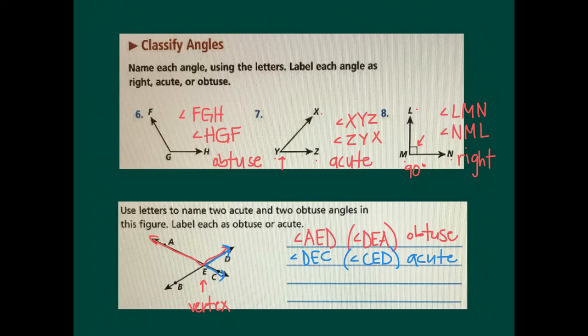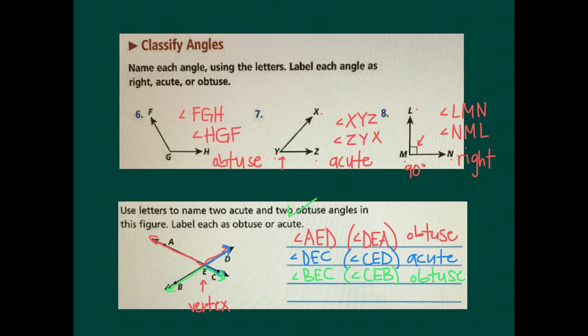Now in green, I see an angle here, BEC, so I'll label that one first, and then in parentheses, name it. It could have been named angle CEB, going the other way. This one's more than 90, so that's another obtuse angle. So now I've taken care of both obtuse angles in the image.